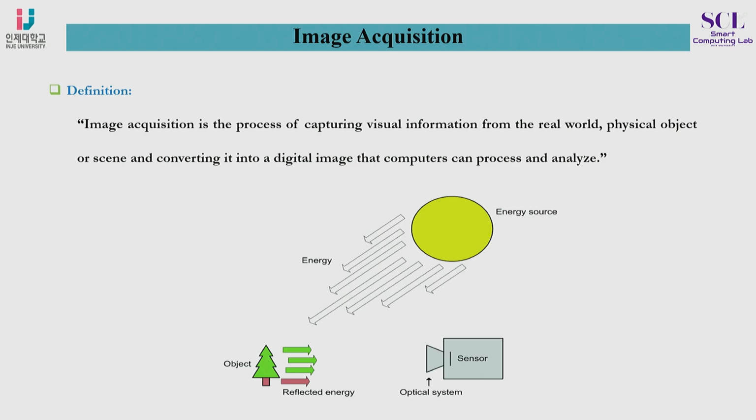Maybe in case of medical imaging, we need to take the image of different parts of the body, maybe chest X-ray or fracture in the bone. So that is the object, and some equipment which has sensors, and those sensors are used to capture the image using the illumination. This is actually illumination and source of energy, and we will discuss in detail in the next slides.